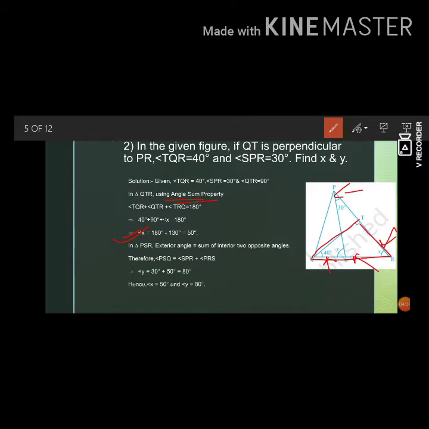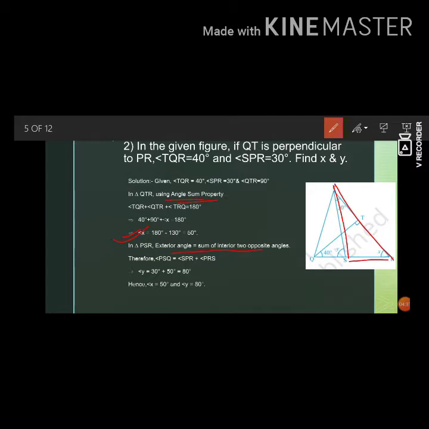Now to find Y, we will consider the triangle PSR. In this triangle PSR, you can see angle Y is an exterior angle and we know exterior angle is equal to the sum of the two interior opposite angles.